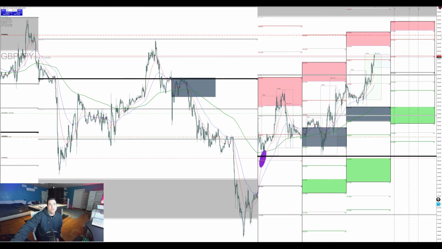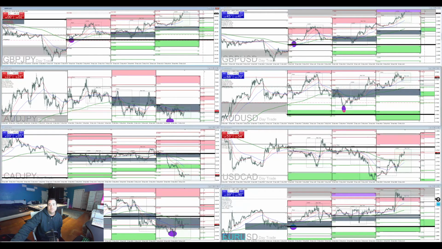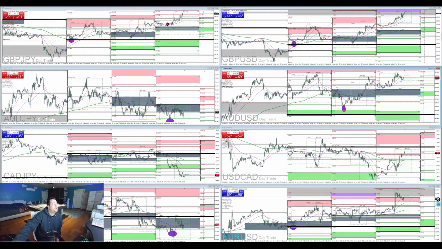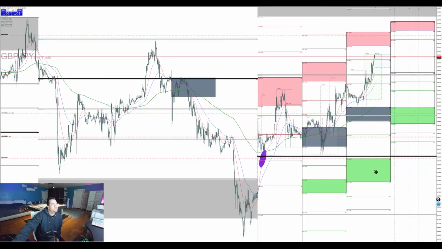Let's go ahead and see what that alert was. Pound yen. Okay, we were just on that one. What it's asking me to do is move my stop. It's going to be this one right here, or this one.